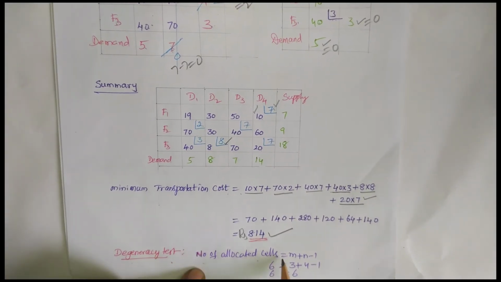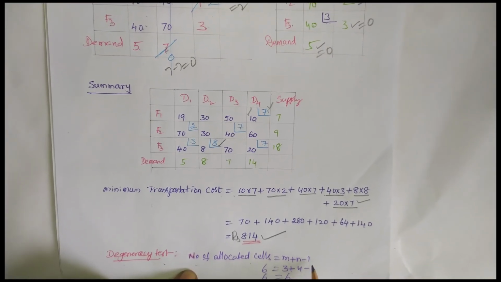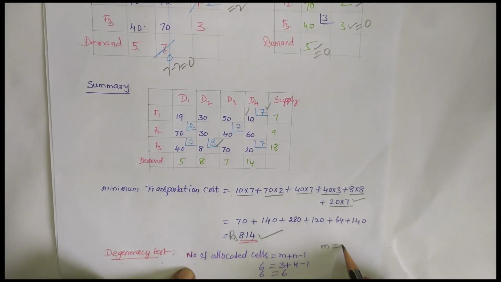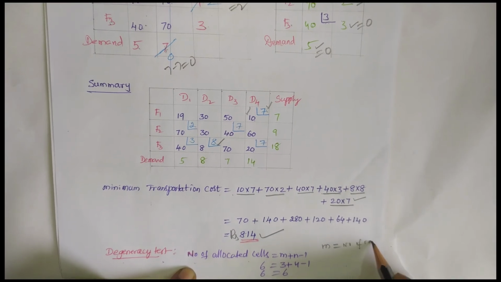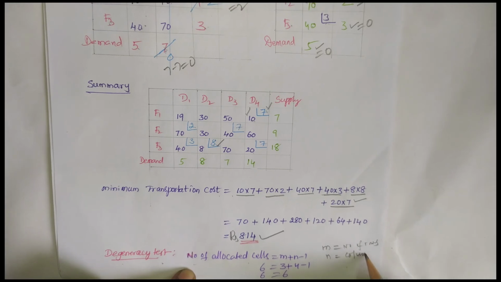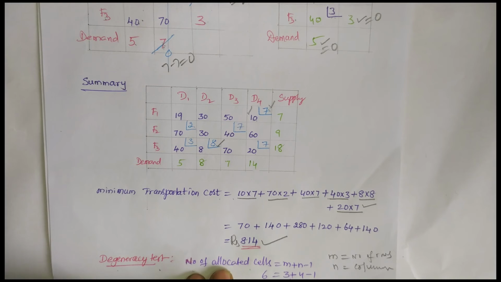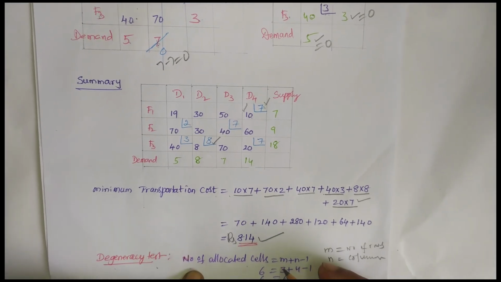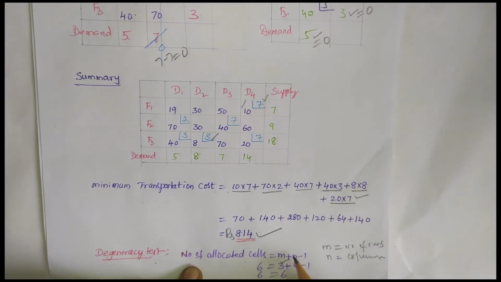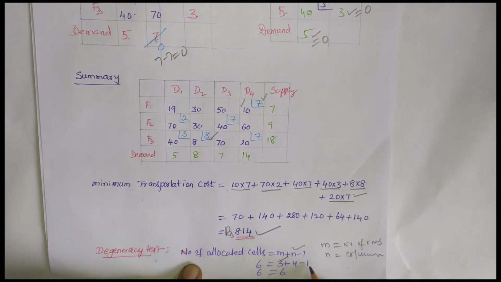Number of allocated cells equal to m plus n minus 1. M is equal to the number of rows. N is equal to the number of columns. Here the number of rows is 3. The number of columns is 4, so 4 minus 1.